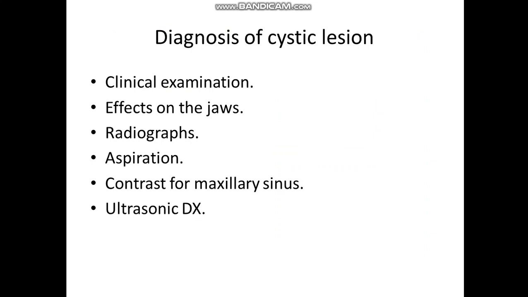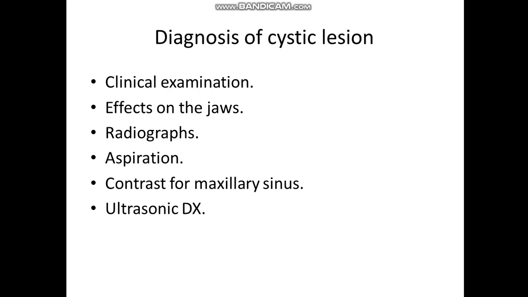Radiographical views: actually, there are many types. It could be a periapical view, or an OPG, orthopantographic view, or an occlusal view. These can be used for small cystic lesions. For small cystic lesions, we can use periapical, orthopantographic, and also occlusal views.